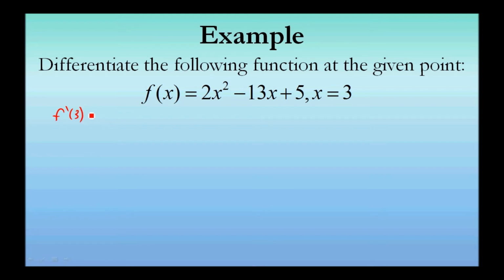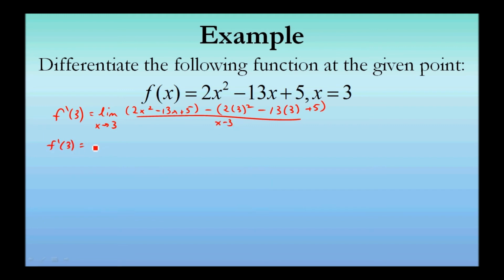So f prime of 3 is equal to the limit as x approaches a, which is 3, of 2x squared minus 13x plus 5 minus, we'll plug in x equals 3 into the function, so 2 times 3 squared minus 13 times 3 plus 5, all divided by x minus 3.